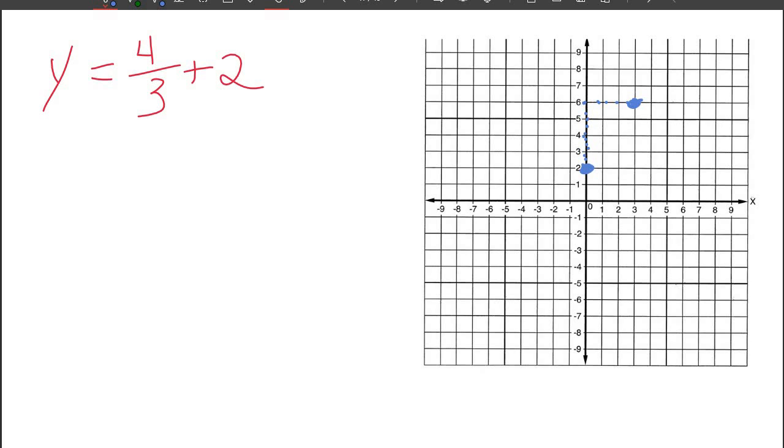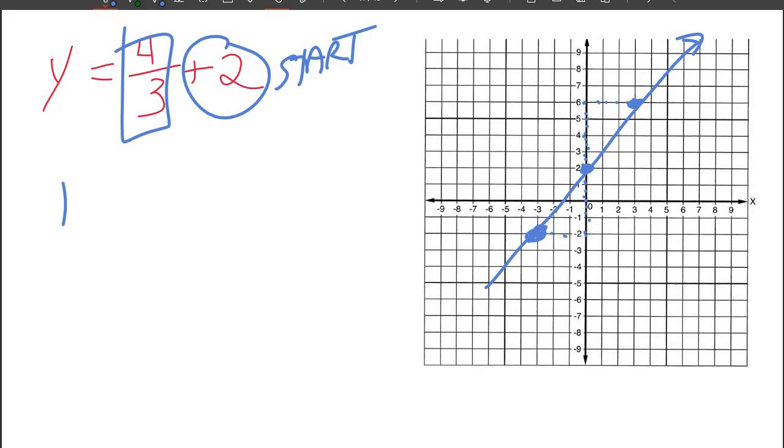Instead of going up 4 and to the right 3, we could go down 4 and to the left 3, and it would still be the same line. If you reverse and go the other direction, you have to change to the opposite directions, but the starting point stays the same.